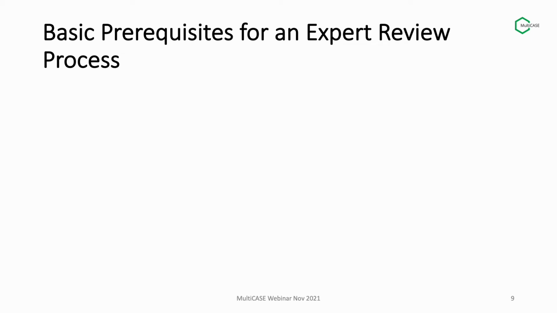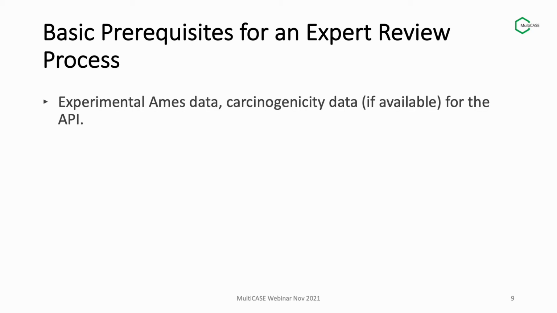Now, what are the basic ingredients before we go for an expert review? So, prerequisites of an expert review process. We need to have Ames data, experimental Ames data for the API. Sometimes, if we can get our hands on carcinogenicity data for the API, that also has to be recorded and submitted as part of the process.